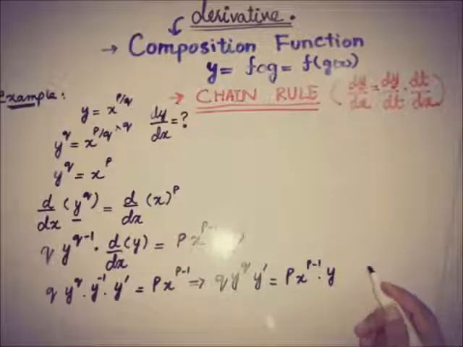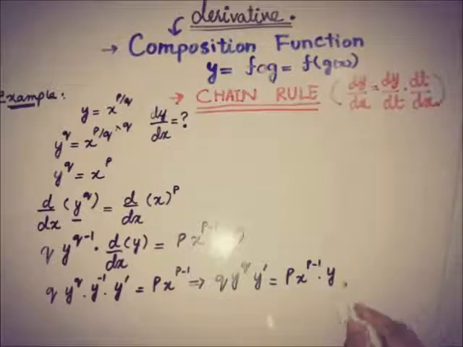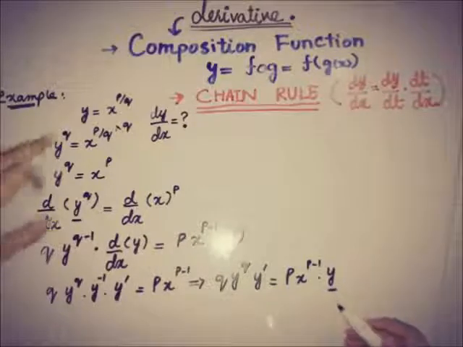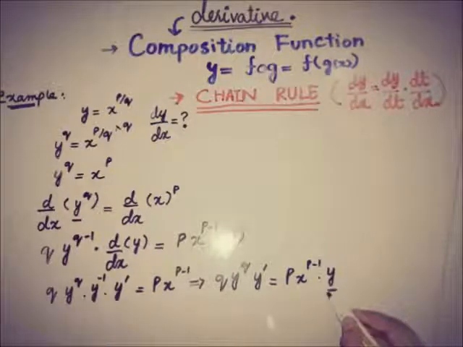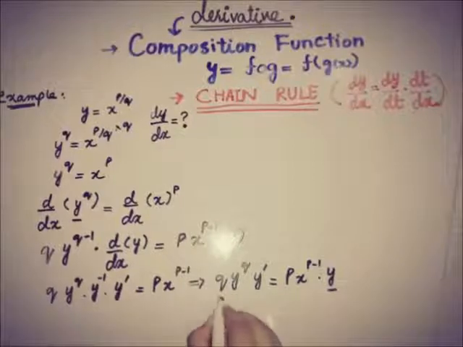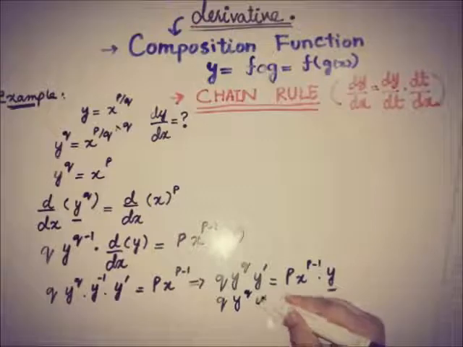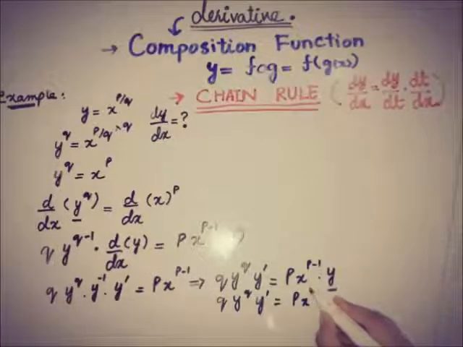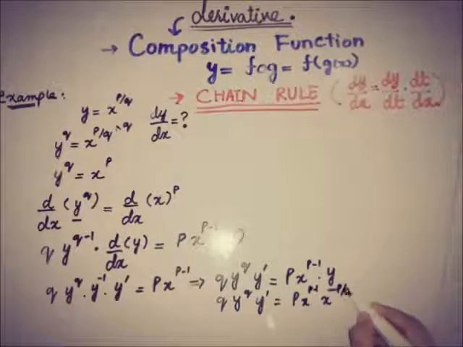Now what we have to do next is putting the value of y that was given in the question, that y is equal to x to the power p by q. Putting this in this equation, we will get q y to the power q y prime is equal to p x to the power p minus 1 and x to the power p over q.